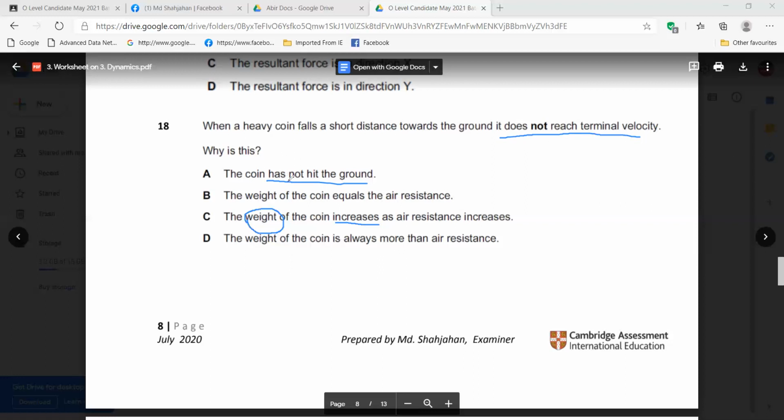There is no link with reaching the ground or not reaching the ground, or hitting the ground or not hitting the ground. It can hit before reaching terminal velocity or after reaching terminal velocity, right? Yes.